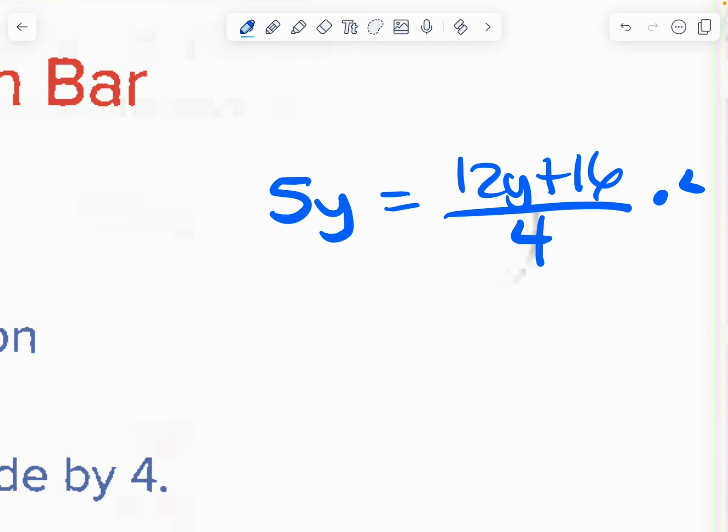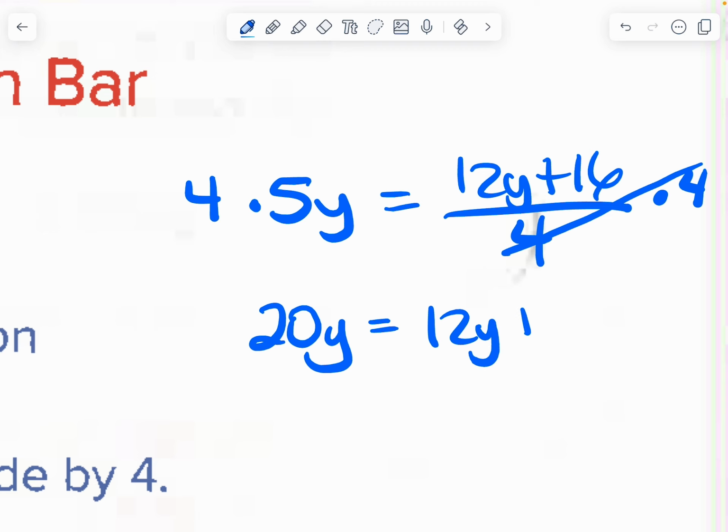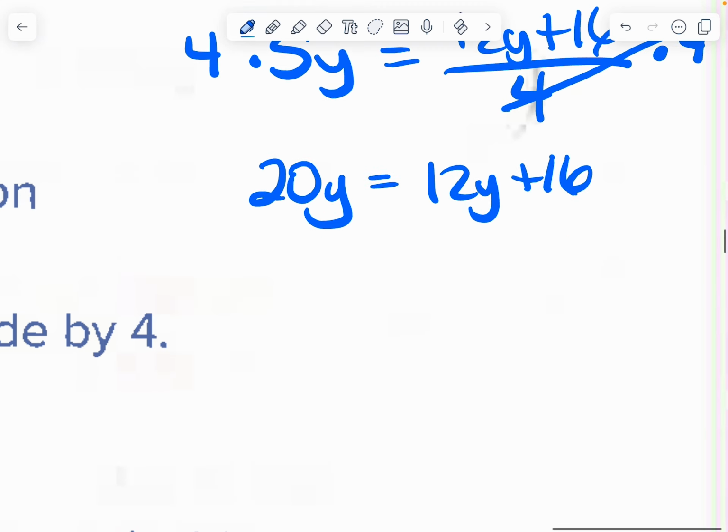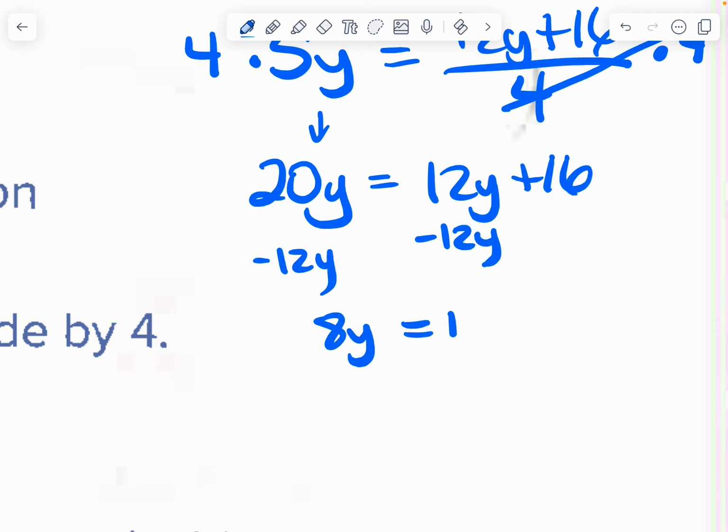I multiply both sides by that denominator. This will cancel out, and I will get 20y equals 12y plus 16. And again, on the left-hand side, you just have the variable with its coefficient. You do not have a constant. So I'm going to move all of the variables to the left-hand side. So I'm going to subtract 12y from both sides. I'm going to get 8y equals 16. I'm going to divide by 8. I'm going to get y equals 2. Okay.